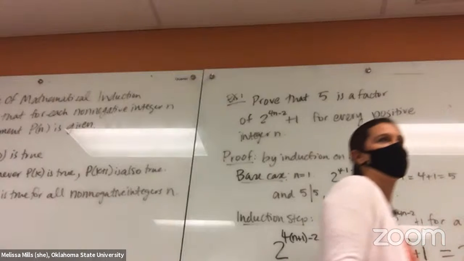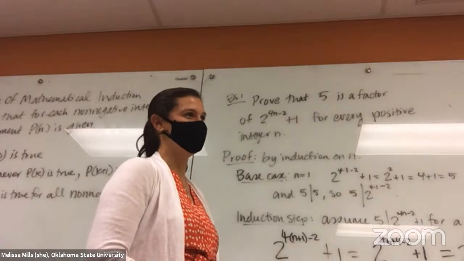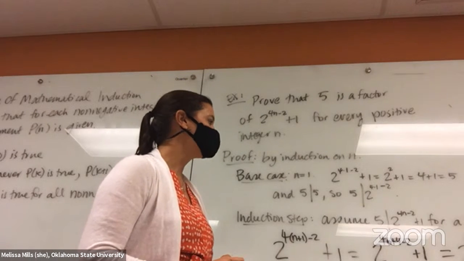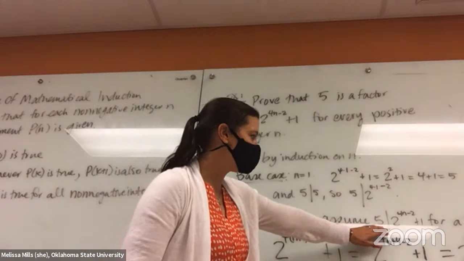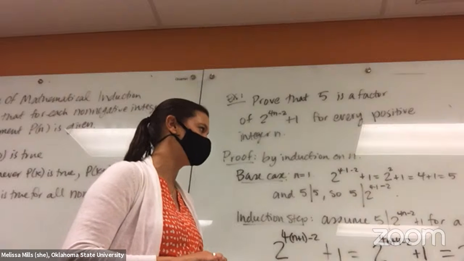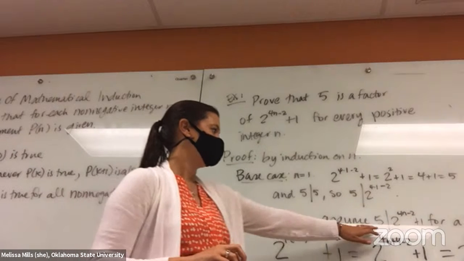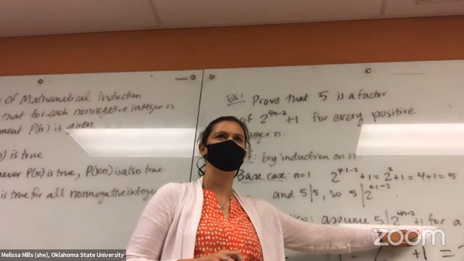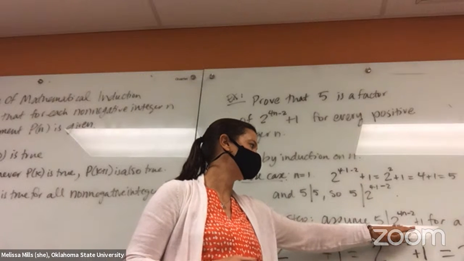Good. There you go. Which is divisible by 5. Yeah, exactly. So how do I rewrite this? If I know that 5 divides that, what's the definition of that? How do I rewrite that in a useful way? What does this mean?